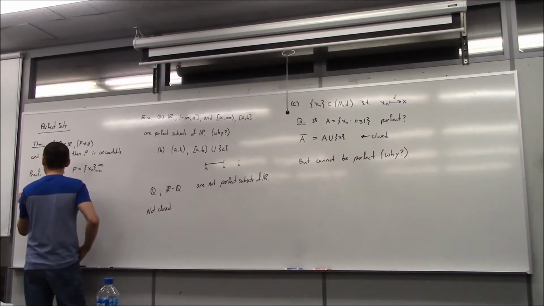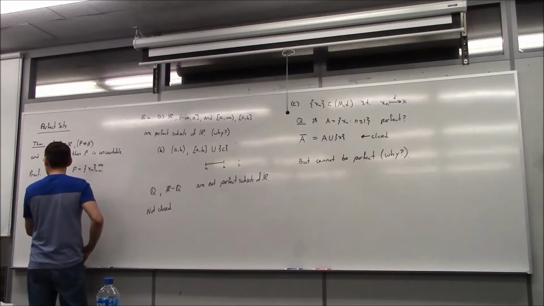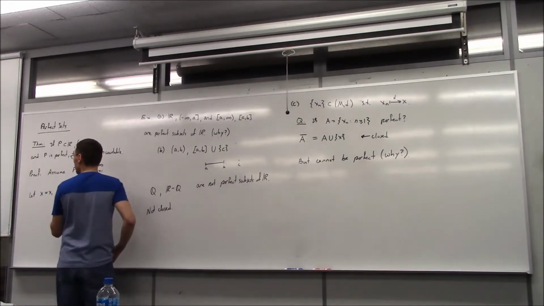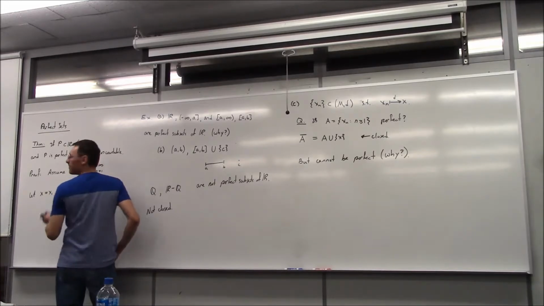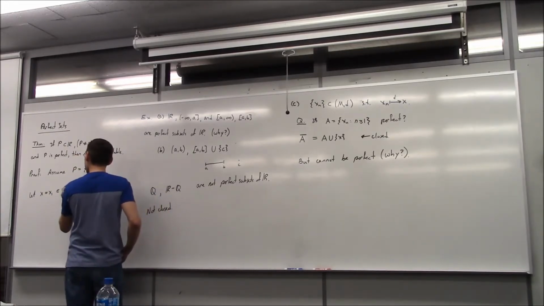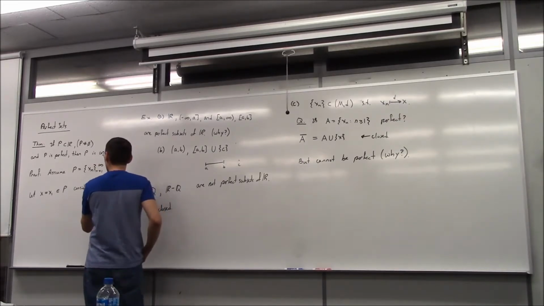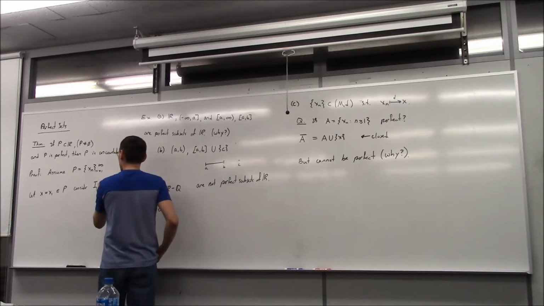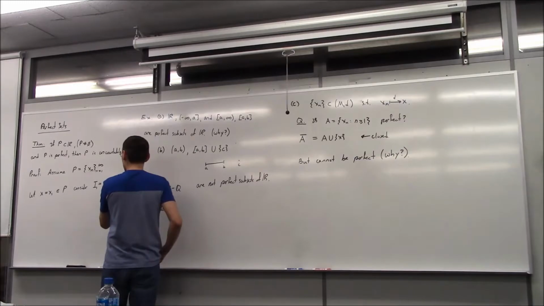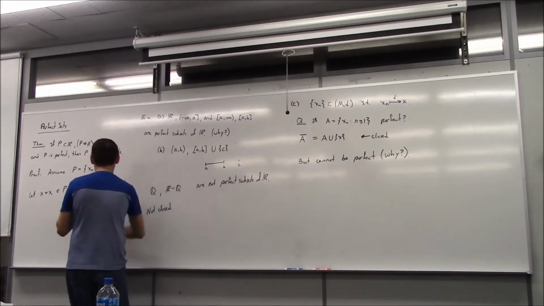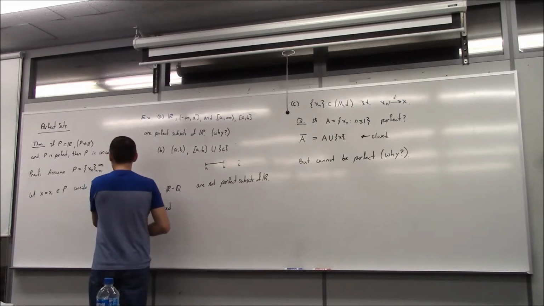So what we can do is we can let x, which we can say is equal to x1, belong to the set P. And then we can consider I1 to be the closed interval x1 minus 1 half to x1 plus 1 half.